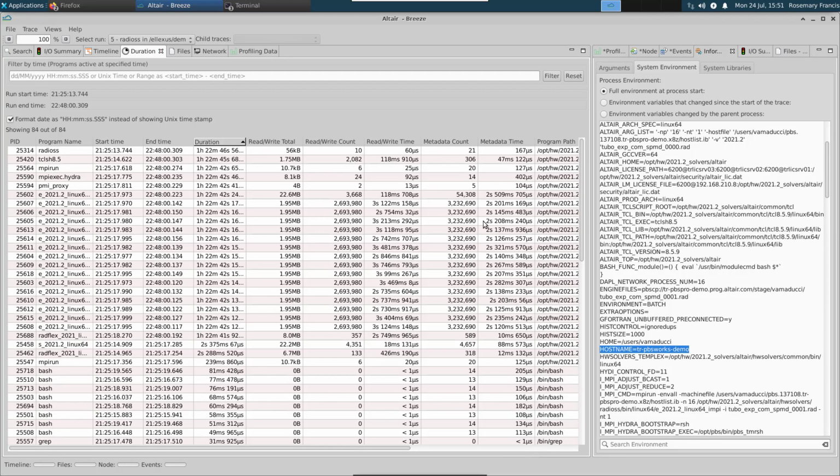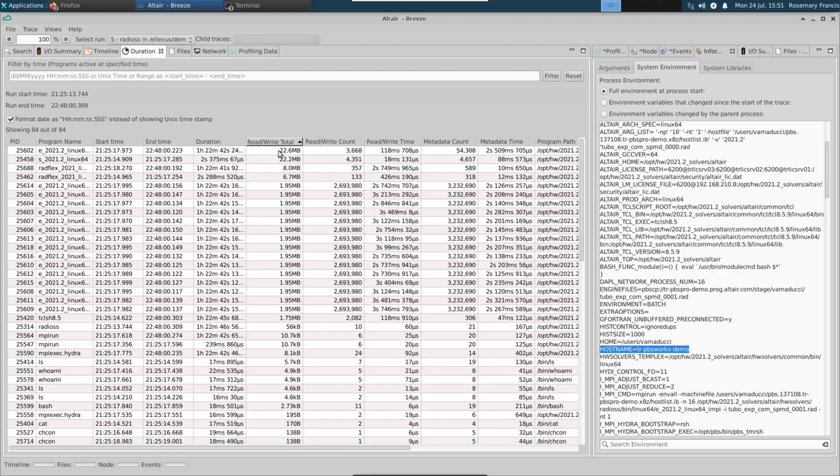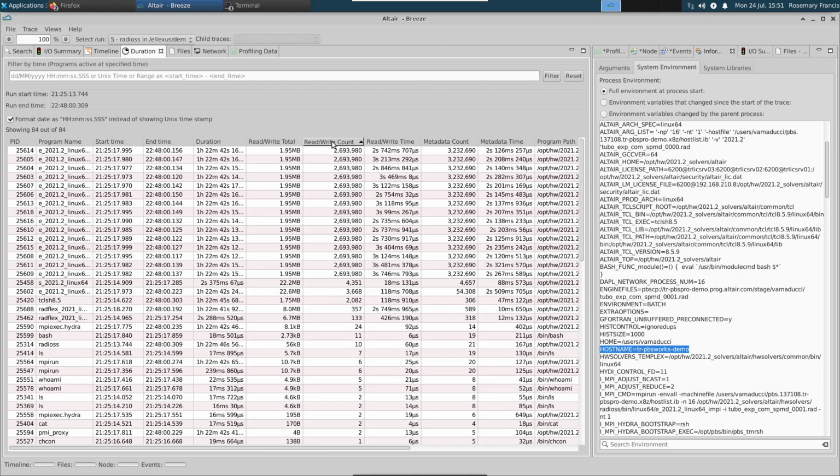If I was still unsure where the application was spending its time, then I could look at the duration view and sort by the total amount of data read or written, or perhaps more interesting, the total number of reads and writes. Here it looks like each rank does a little over 2 million reads and writes. We already saw those in the timeline view.